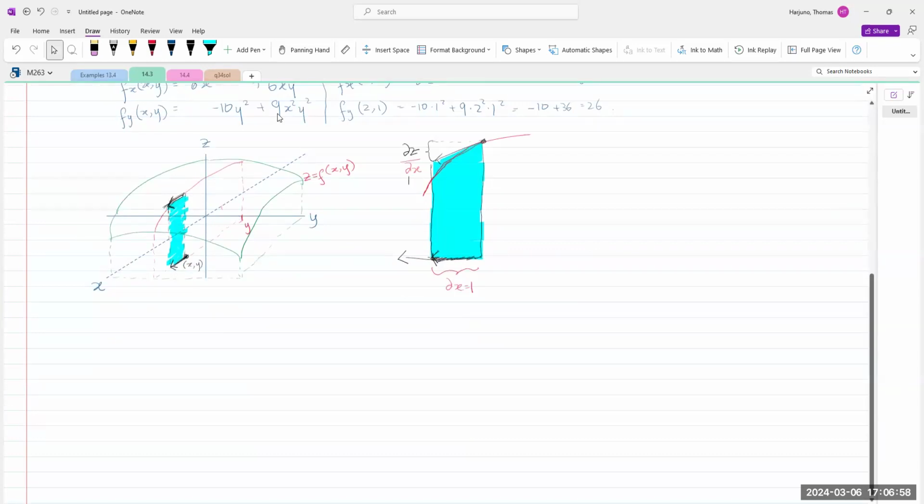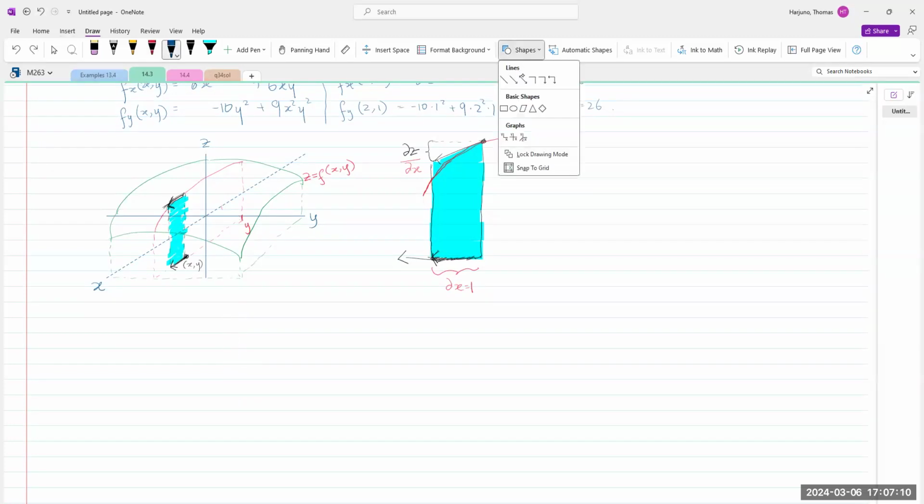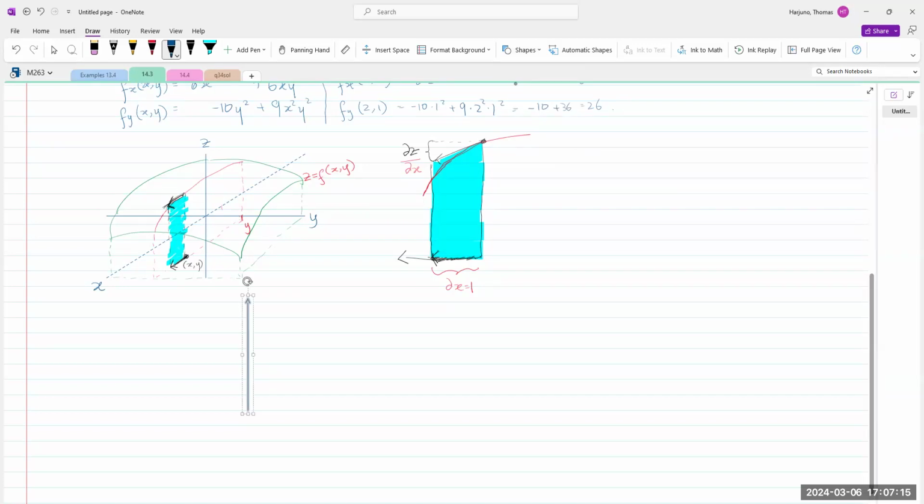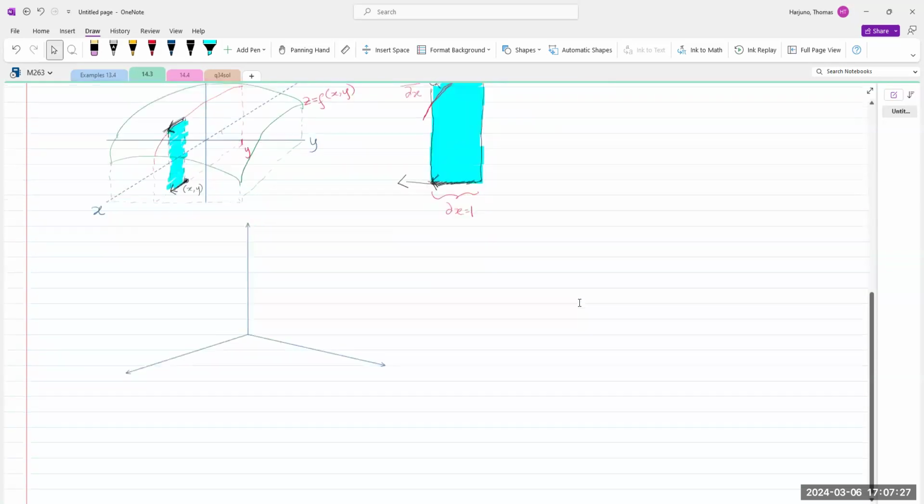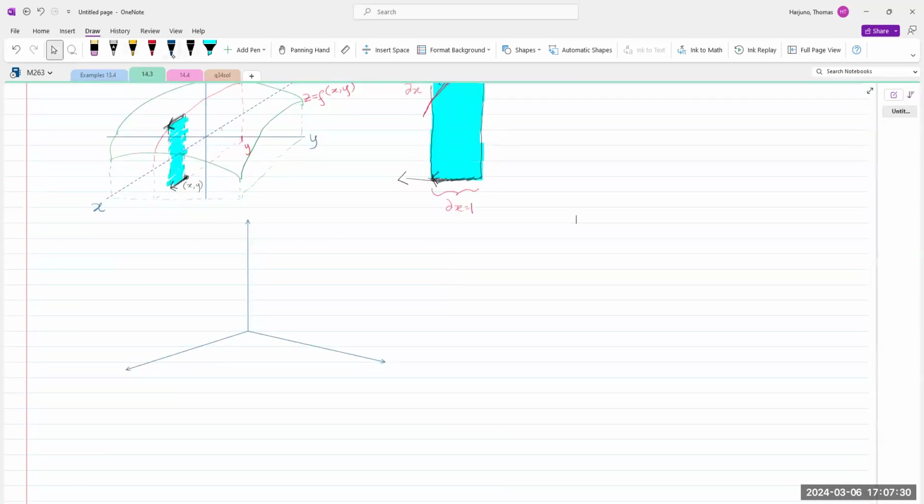Now what happens if we do partial z partial y? Let's see, suppose I do it, oops, not this color. Suppose I again start with an XYZ coordinate system. And then let's say this is our surface.